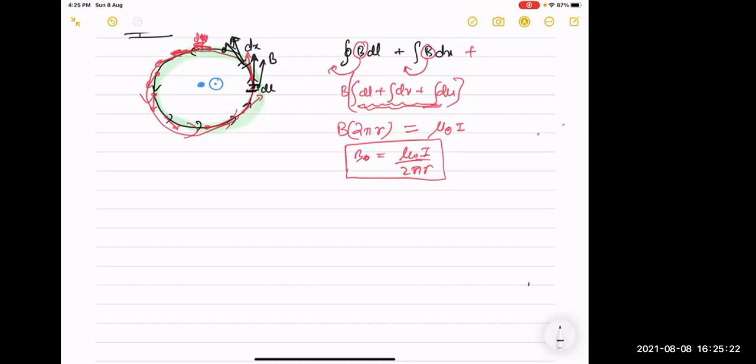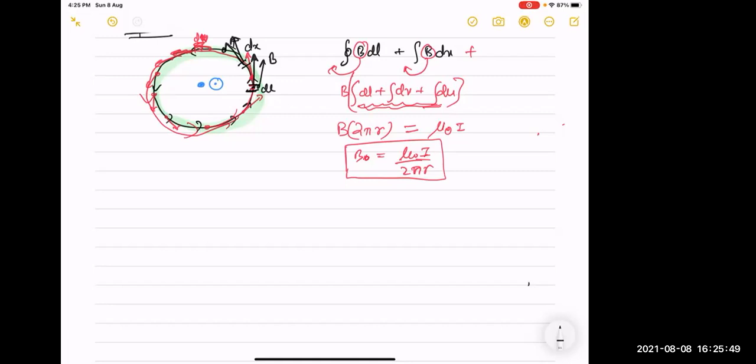फिर गलत कर दिया. वो I by 16 है. Mu naught I B into 2 pi... I wasn't... गलत I है. I didn't put the x. वो लेफ्ट साइड में गलत है तुम्हारा. X by 4 होगा. Yeah. B into 2 pi x क्यों है? It should not be B into 2 pi x. Ampere's Circuital Law is for which radius? It is x by 4, no?